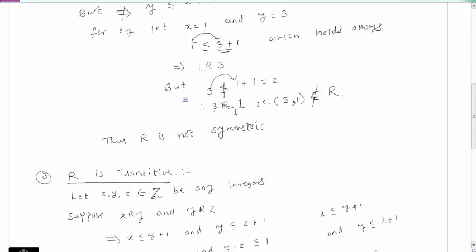So 3 is not R related to 1. That is, the ordered pair (3, 1) does not belong to R. Thus R is not symmetric.